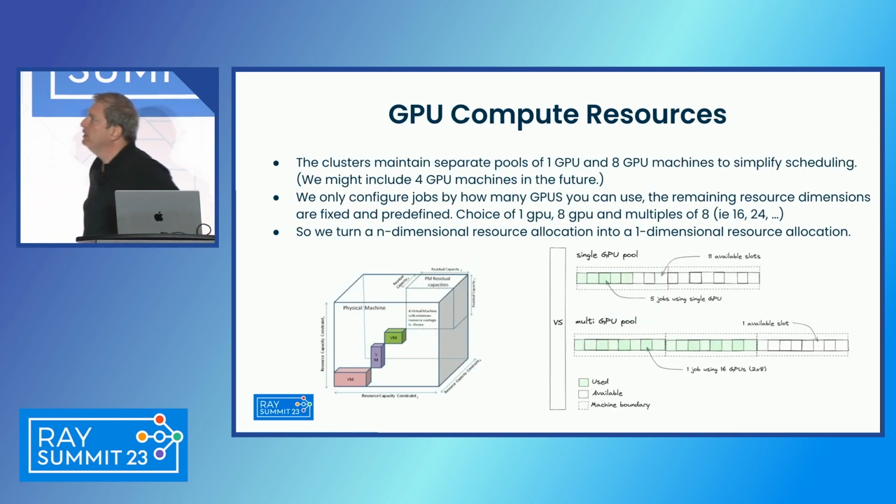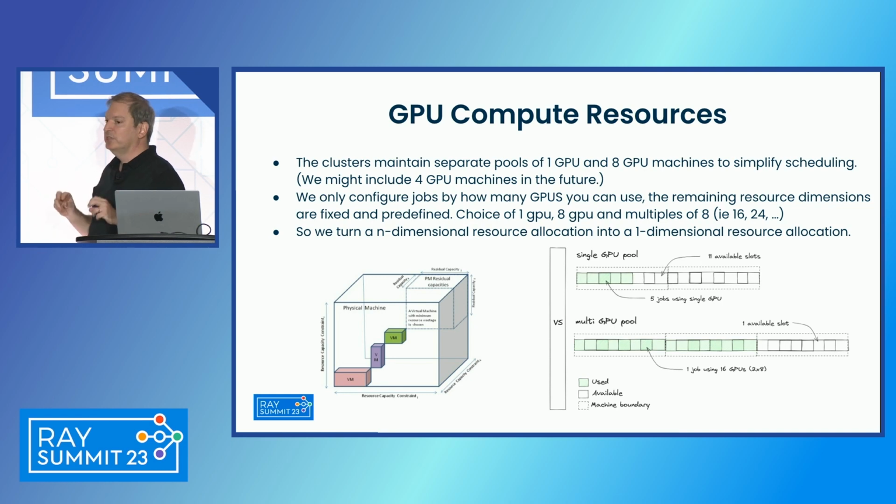Another thing that we do is we try to reduce the problem of specifying resources to run our jobs. Instead of combining all the dimensions, so my job needs this much RAM, this many CPUs, this many GPUs, we only specify GPUs. And we say we have a pool of single GPU usage and another pool for multi-GPU usage.